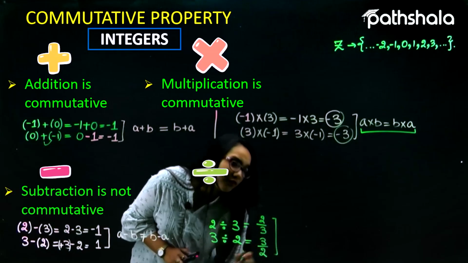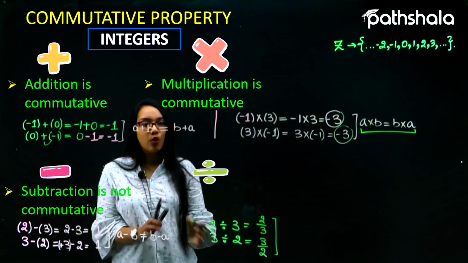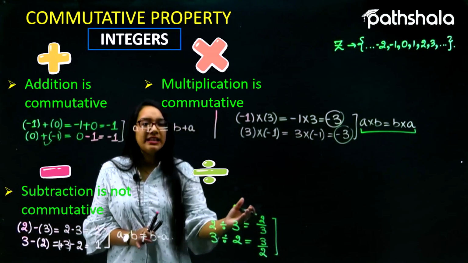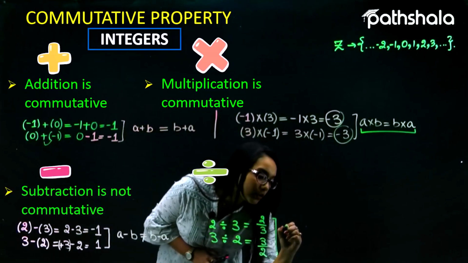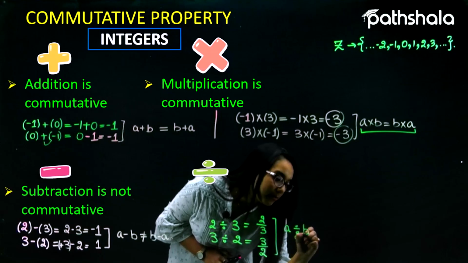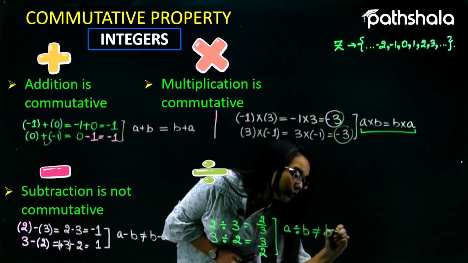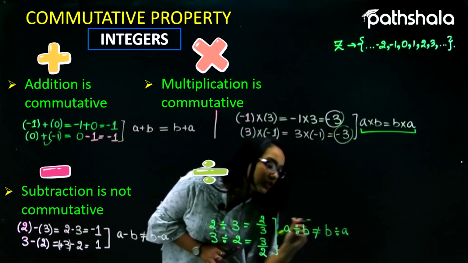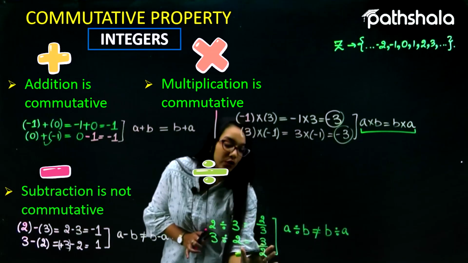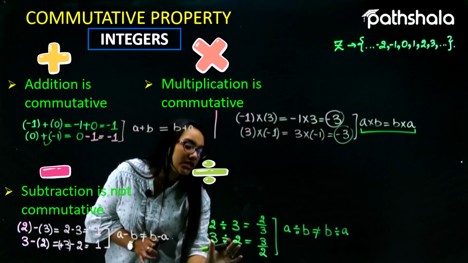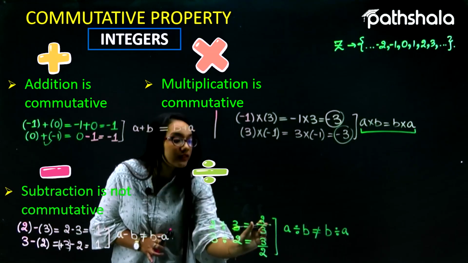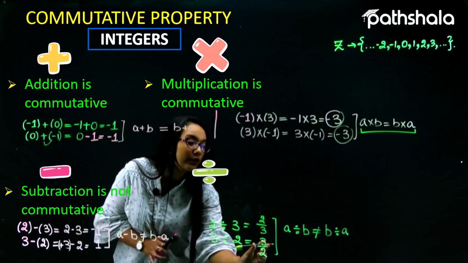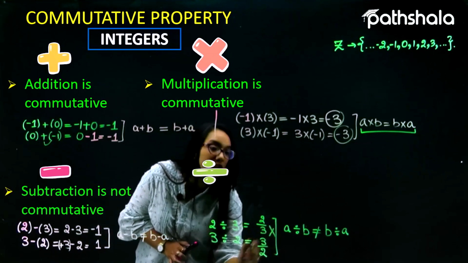So are both of them the same? No, obviously 2 by 3 can never be equal to 3 by 2. So what will be the conclusion? That A divided by B can never be equal to B divided by A because of this particular example. 2 divided by 3 is not equal to 3 divided by 2, because the answer of this is 2 by 3 and this is 3 by 2, and they are not equal to each other.